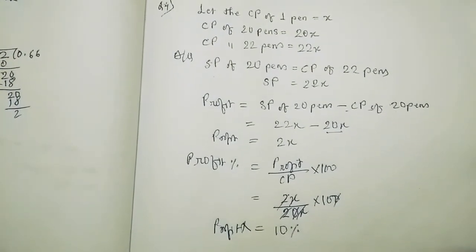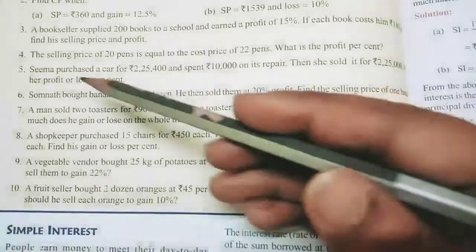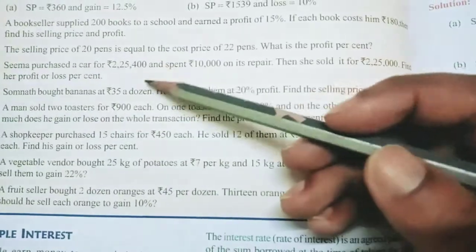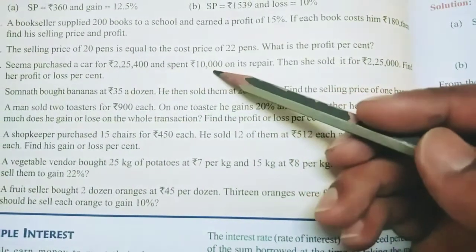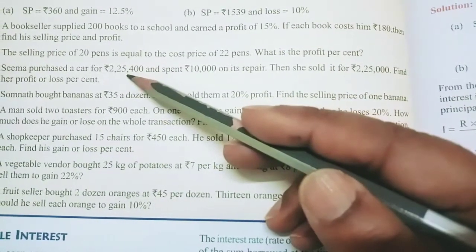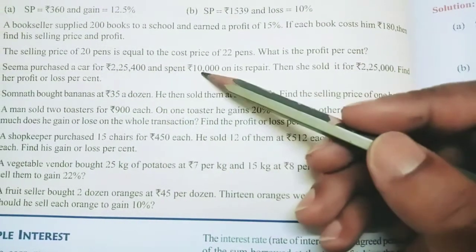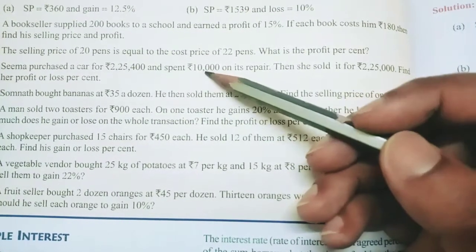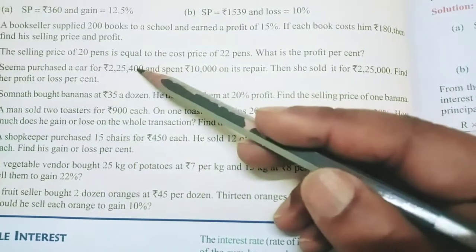Understood? Now the next question, number 5. Seema purchased a car for 2,25,400 rupees and spent 10,000 rupees on its repair. So this is the CP, cost price, and 10,000 rupees is spent on repairing. So this 10,000 will be added to this amount.